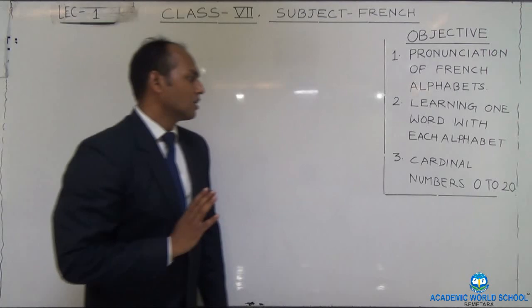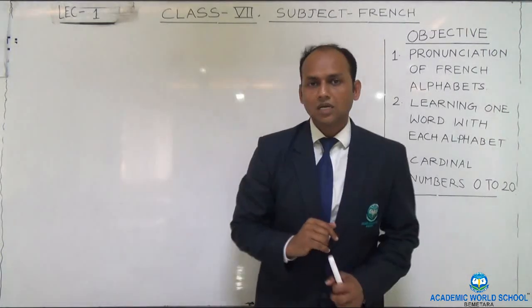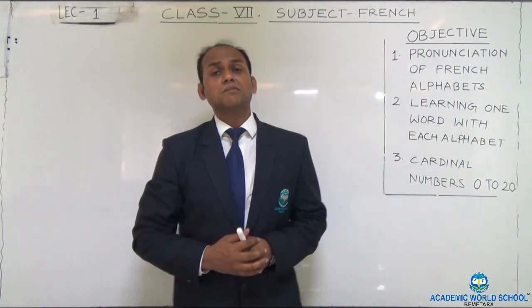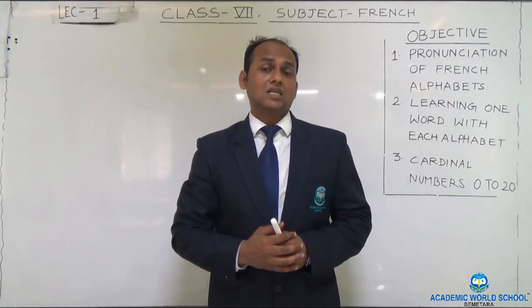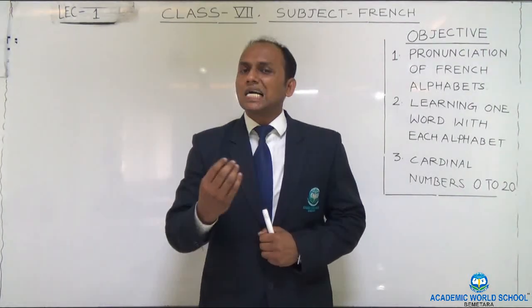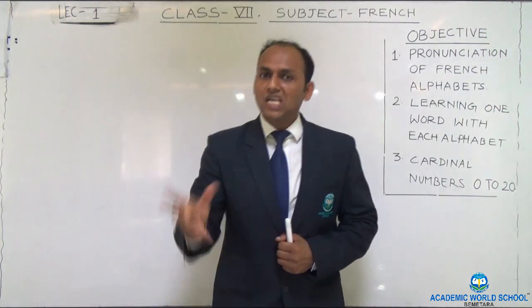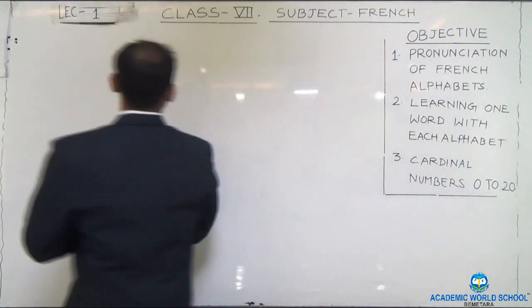So let's start with the cardinal numbers. You might have heard numbers, but cardinal number, what is that? Two types of number normally we have: cardinal numbers and ordinal numbers. Let's see how it is.